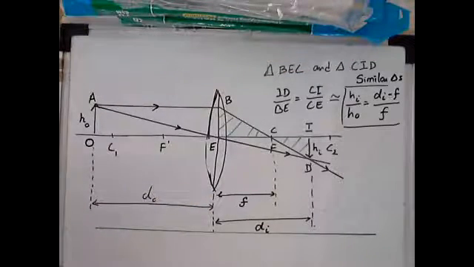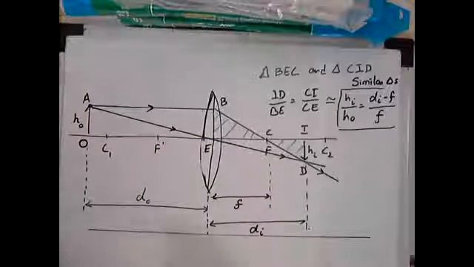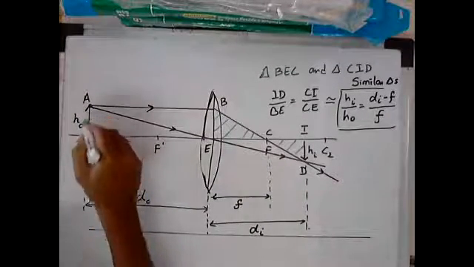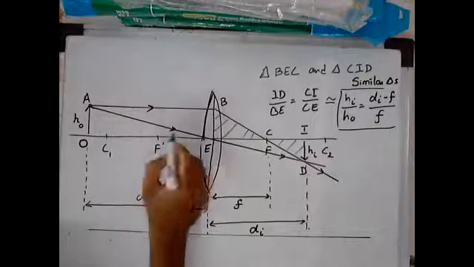The next set involves these two triangles. I will use a different kind of hatching now.